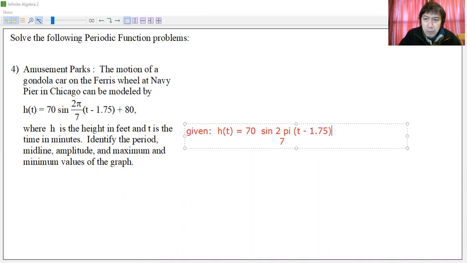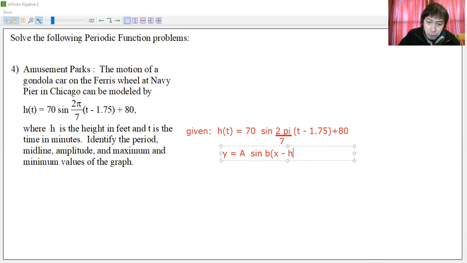That's for horizontal translation, plus 80. That will be for the vertical translation. And this 2 pi over 7, this is our b. So if we compare this with our equation in terms of x and y, this will be y is equal to capital A sine small b times the quantity x minus h, close parentheses, plus k.